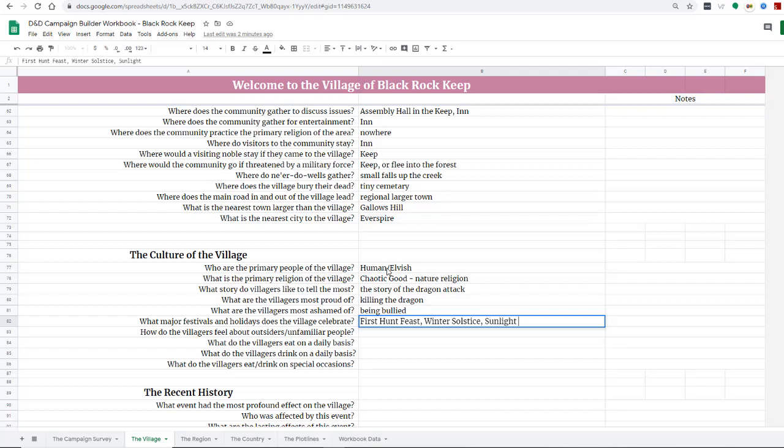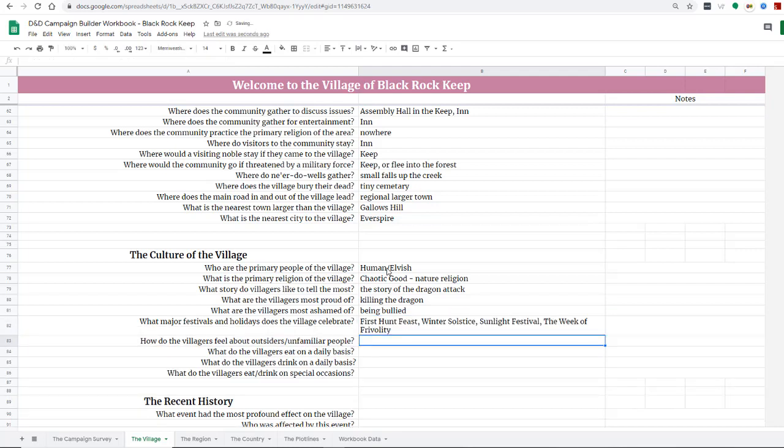Yeah, we'll expand on these as we need to. And then maybe in the summer we have the week of frivolity. Don't know what that is yet, but we have a week and it's frivolous and we enjoy it.